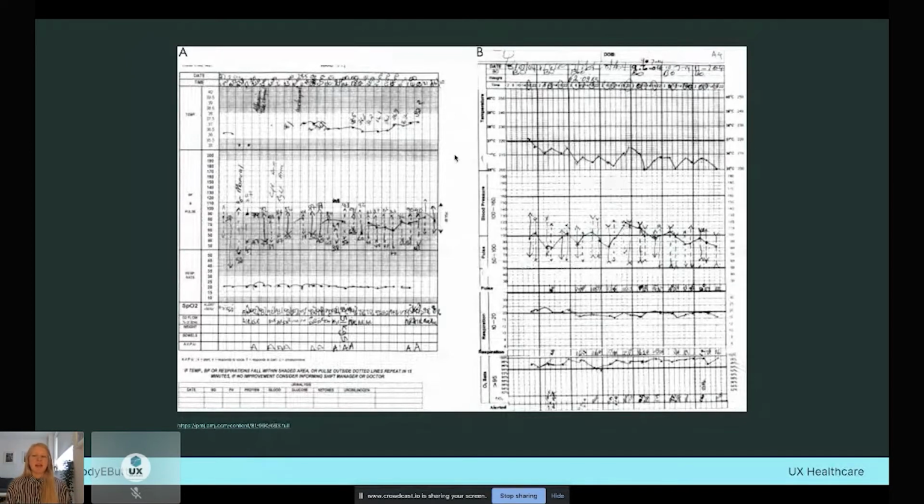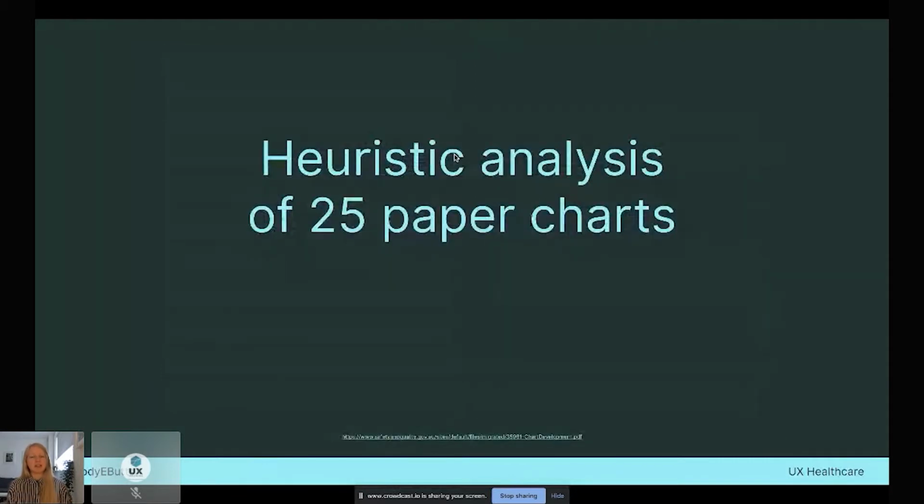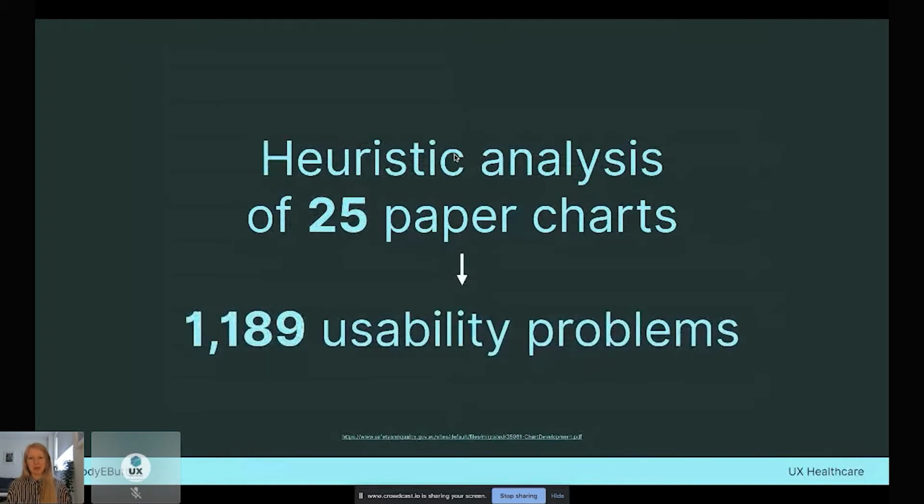There was actually some research done in Australia and New Zealand several years ago on a lot of these different types of paper graphs because there really wasn't much standardization around this early on. They conducted a heuristic analysis of 25 patient charts, which revealed over 1,000 usability problems, which is quite significant.